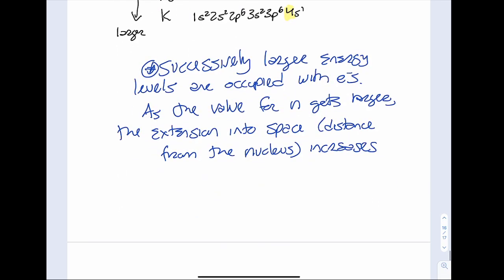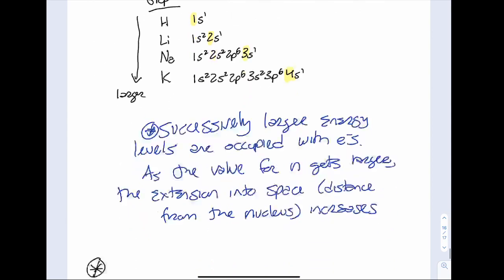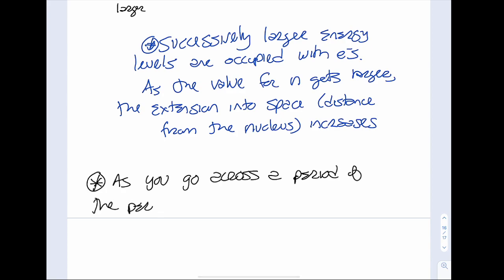I'm also going to give us a trend as we go across a period of the periodic table. So this was going down a group, and then as you go across a period, those were our rows, remember, atomic radii are actually getting smaller.